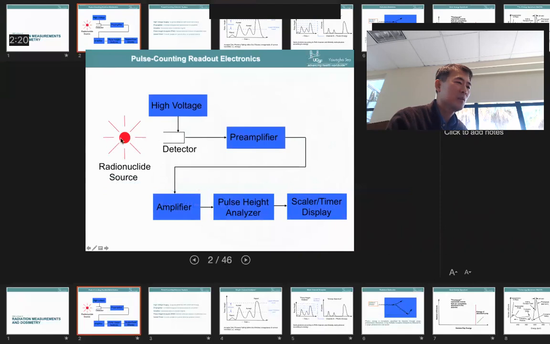We have some radionuclide, most of the time in the form of a radiopharmaceutical. That radiopharmaceutical, distributed in a human body or animal body or some object, is emitting gamma emission, or this could be X-ray transmission from an X-ray tube. But that X-ray or gamma ray is hitting the radiation detector.